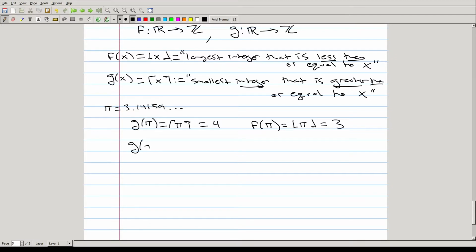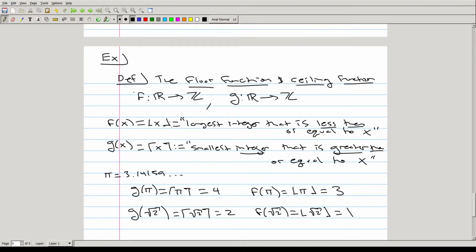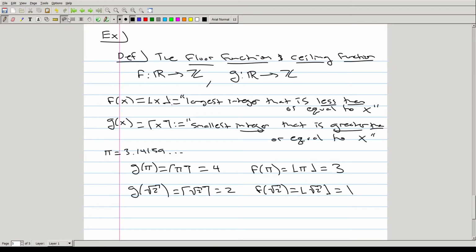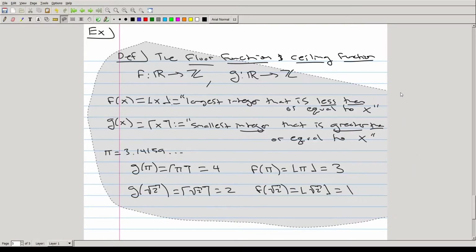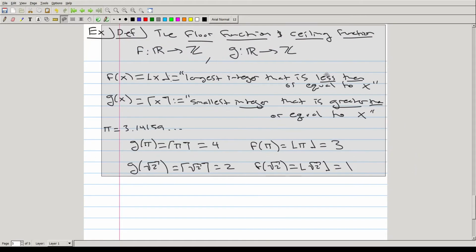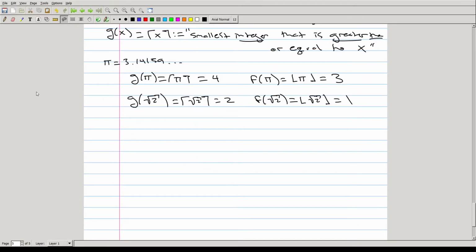The ceiling function of the square root of 2 is going to be 2, and the floor function of the square root of 2 is going to be 1. These are two very important functions that show up all the time, that we're going to use very heavily in our examples when we're talking about properties of functions.